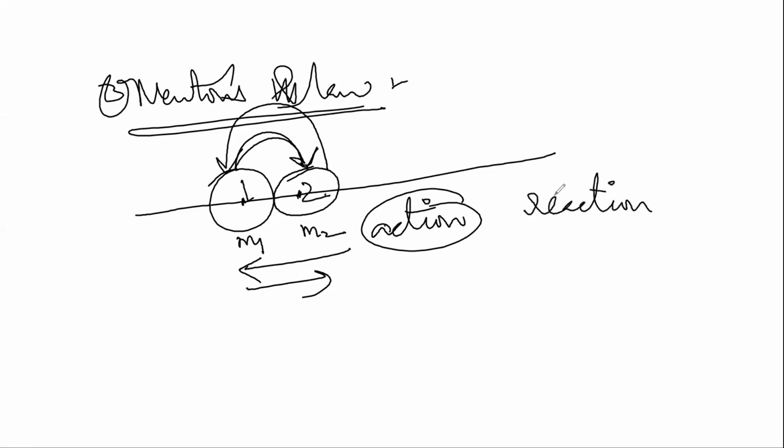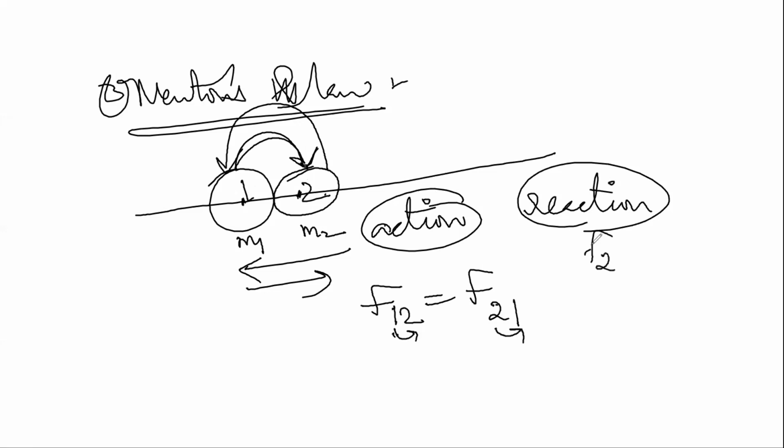The first force is called F12, that is, force of 1 on 2, equal to F21, that is, force of the second body on 1. This is the reaction, this is the action. Reaction is F21, action is F12. They are always equal and opposite. This property of forces was stated by Newton, and it is called Newton's third law.